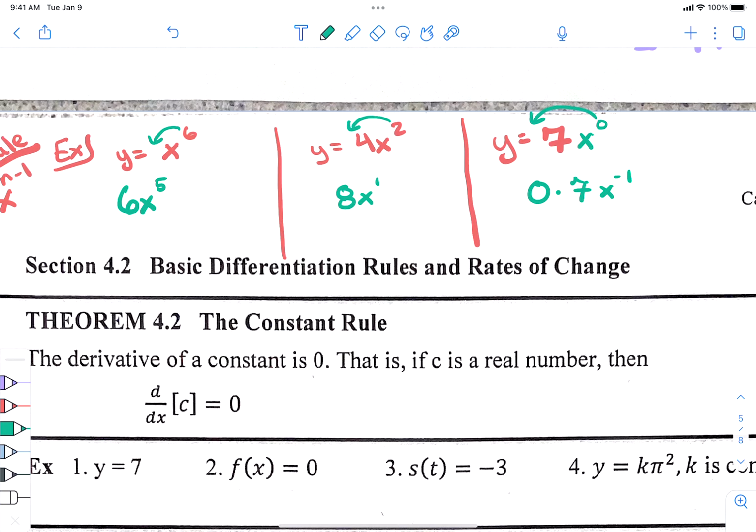But if we're taking 0 times 7x to the negative 1st power, the whole thing is just going to be 0. So if you just have a number, like 7 or 492, and you're taking the derivative of a number that doesn't have an x, its derivative is going to be 0.